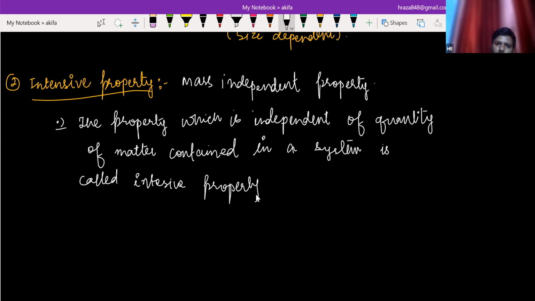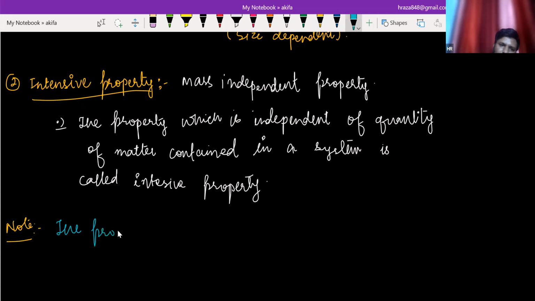Then how do we know that some property is independent of mass or dependent on mass? For this we have a note which will clearly define whether it is dependent on mass or independent of mass or size, both. If I'm saying mass, that means size is also there.